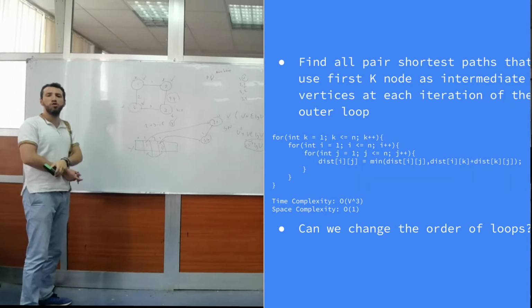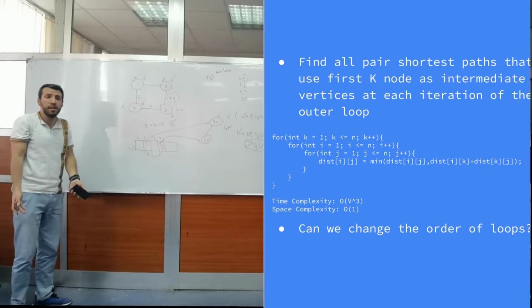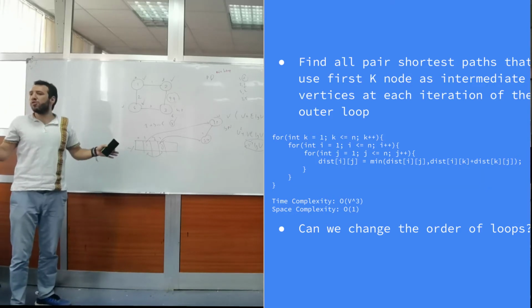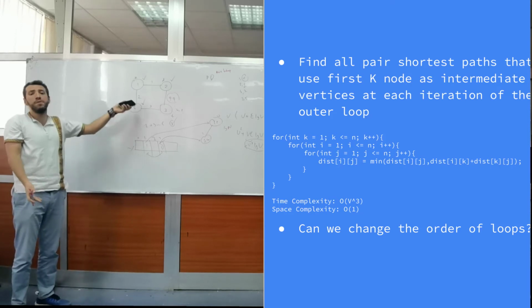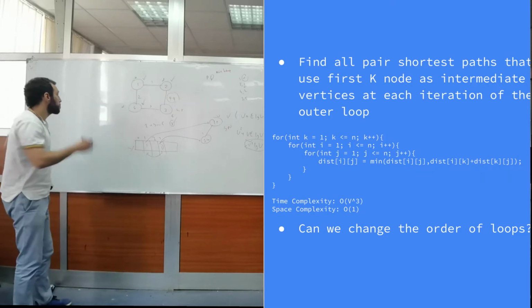From 2 to 3, what is the shortest path that I know? I don't know. 99 at the beginning. We didn't run anything. Without doing any kind of calculation, at least I can tell if there is an edge between these two, that's going to be the distance between them. So we start with this.